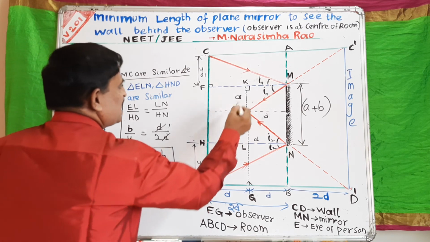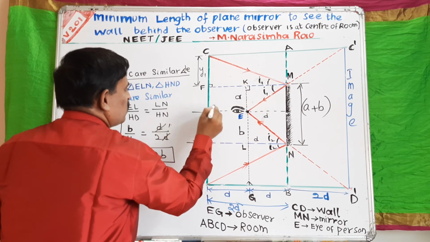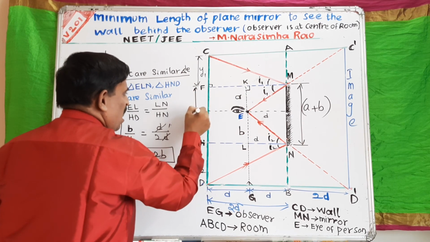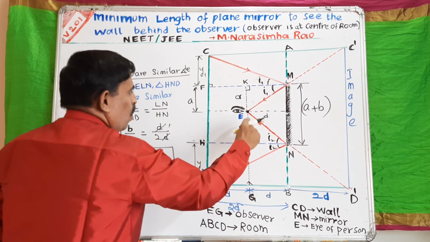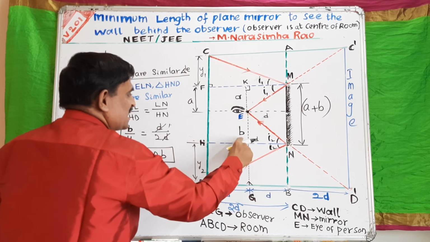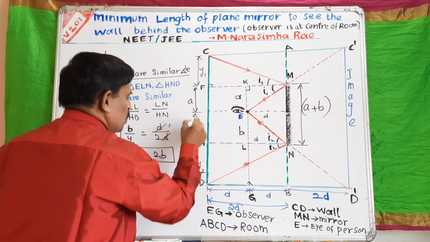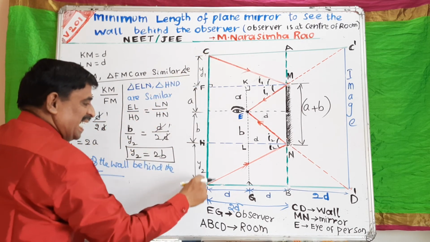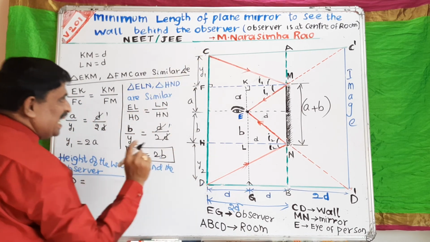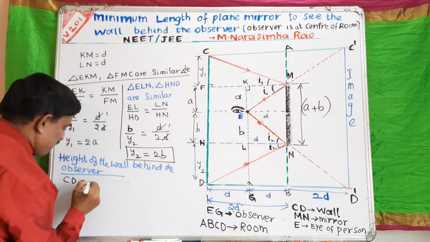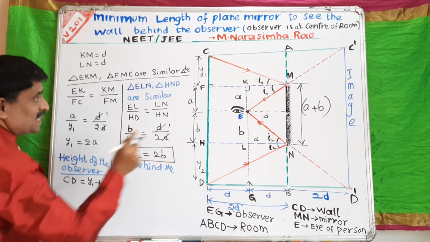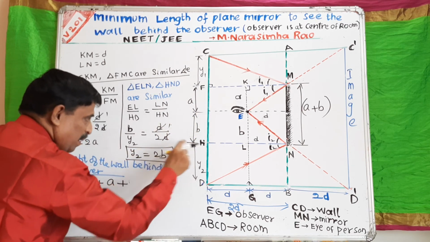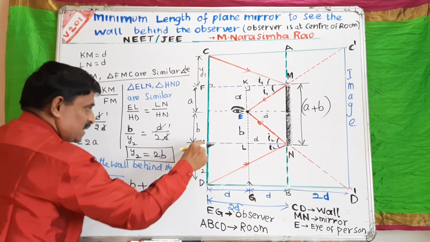Now, please listen. This KE distance is a, and this distance is also a. This EL distance is b, and this distance is also b. Height of the wall CD is equal to Y1 plus small a plus small b plus Y2.